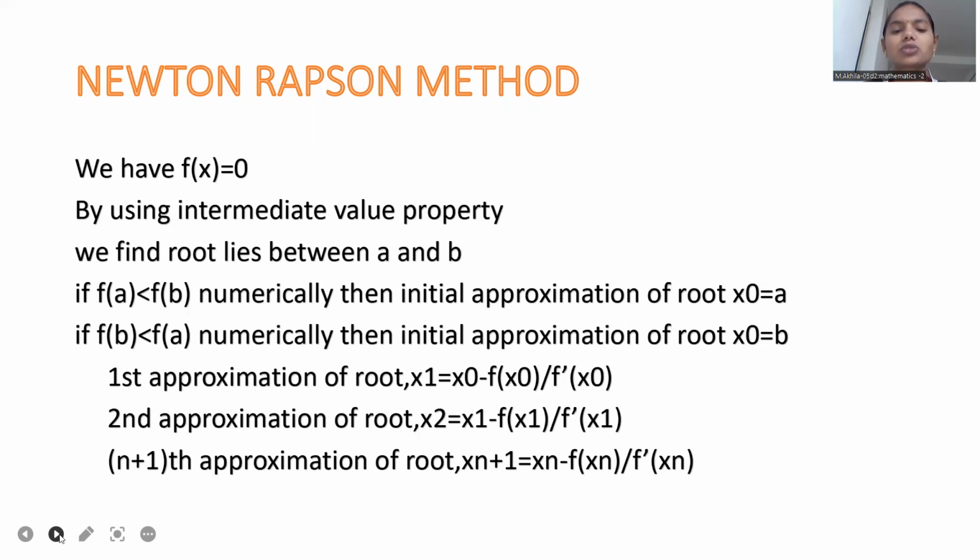And the second approximation of the root is x2 = x1 - f(x1)/f'(x1). We continue this process until we get two consecutive approximations equal up to 3 decimal places. The (n+1)th approximation of the root in the Newton-Raphson method is x(n+1) = xn - f(xn)/f'(xn).